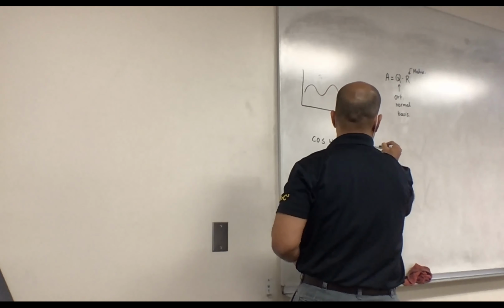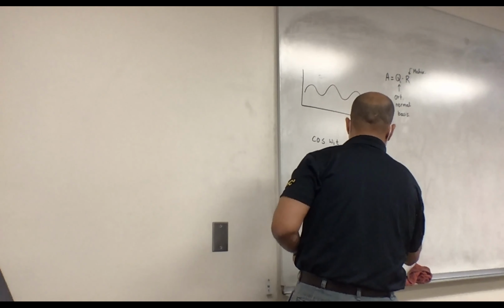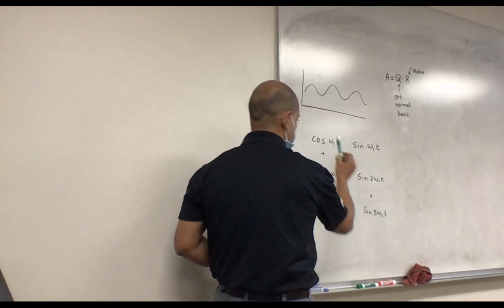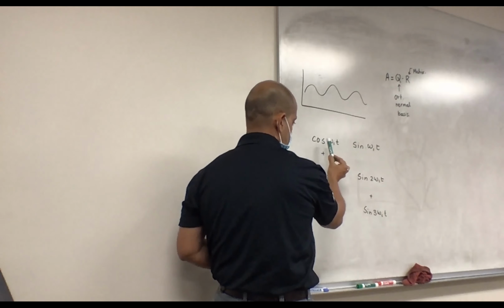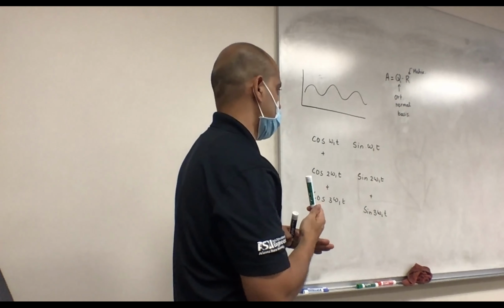Same thing, you will have sine omega 1 t, sine 2 omega 1 t, plus sine 3 omega 1 t. And please understand, these sine and cosine functions are perpendicular to each other.